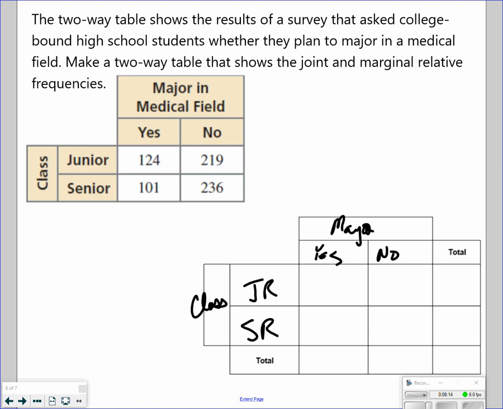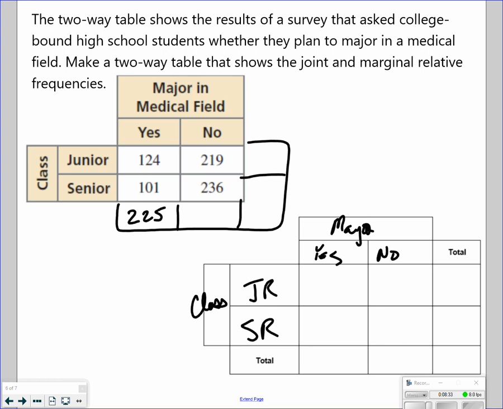But when I want to actually come up with the joint and marginal relative frequencies, I'm not sure why it's not here, but I actually need to come up with the marginal values. So I'm going to do that real fast here. This would be 225, adding that up.